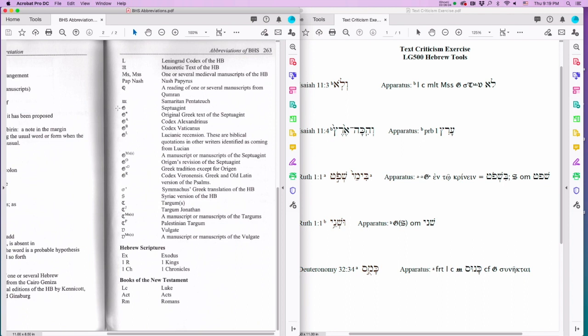And then there are various things related to the Septuagint.